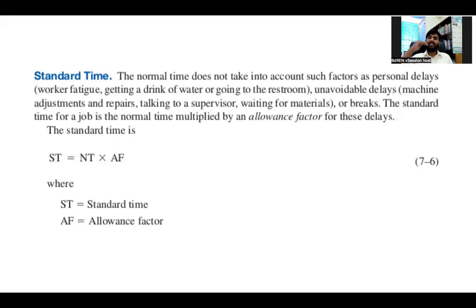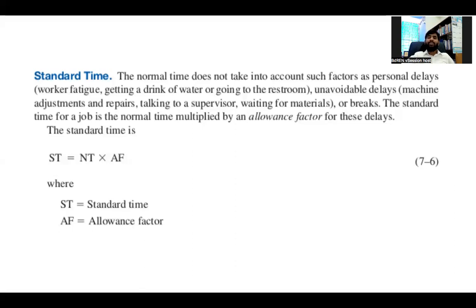The materials are not coming. Sometimes it happens. The machine needs maintenance. The machine has broken down. These are the factors known as the allowance factor. Allowance may be 10% of the total time.